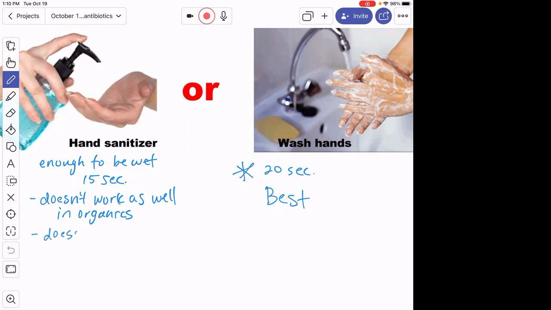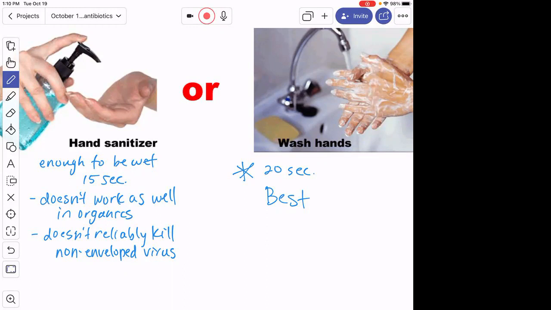Also, it doesn't reliably kill non-enveloped viruses. We talked about how enveloped viruses out in the environment are really fragile, really easy to kill.